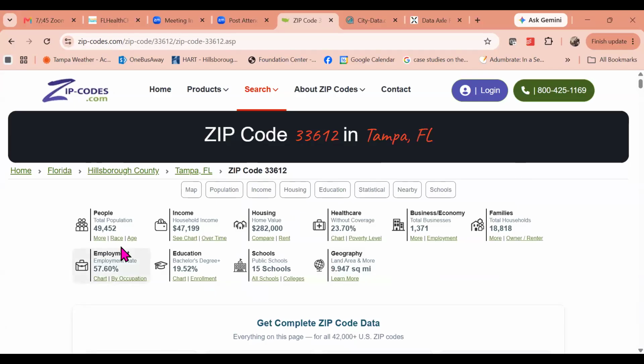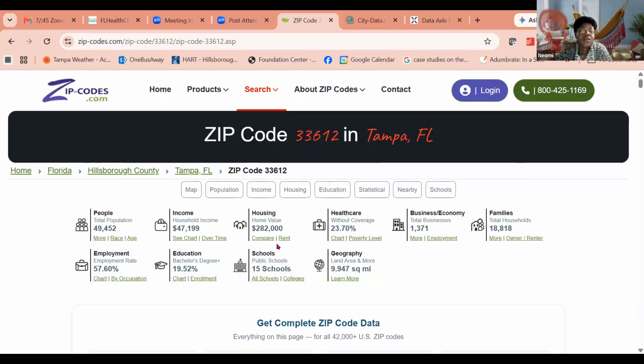You've got 49,000 people living in your neighborhood. The average income is 47,000. This is a poor neighborhood. The average housing is 282,000.